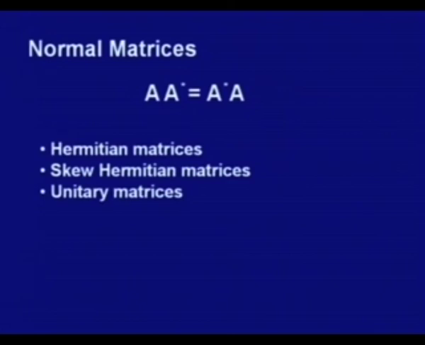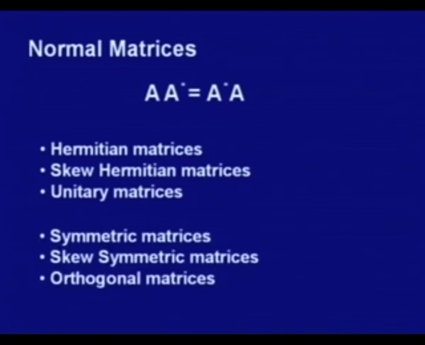Similarly, for skew Hermitian matrices, A star is minus of A. So, whether you post multiply or pre multiply, the result will be the same. Only a difference of minus will come here as well as here. So, skew Hermitian matrices are also normal matrices. Similarly, one can prove that unitary matrices are also normal matrices. In fact, for a unitary matrix, we have one more additional thing, that A A star is equal to the identity.